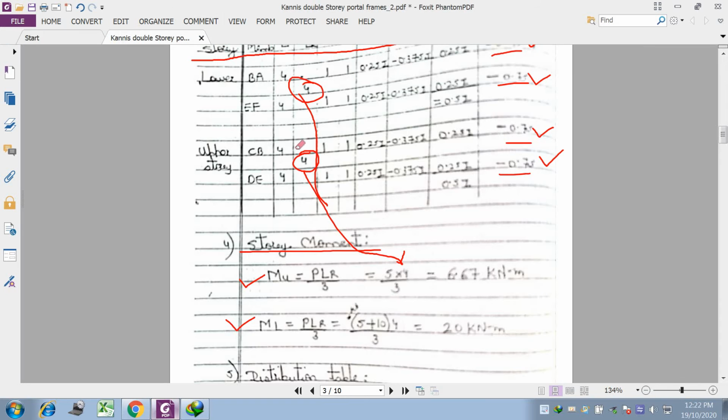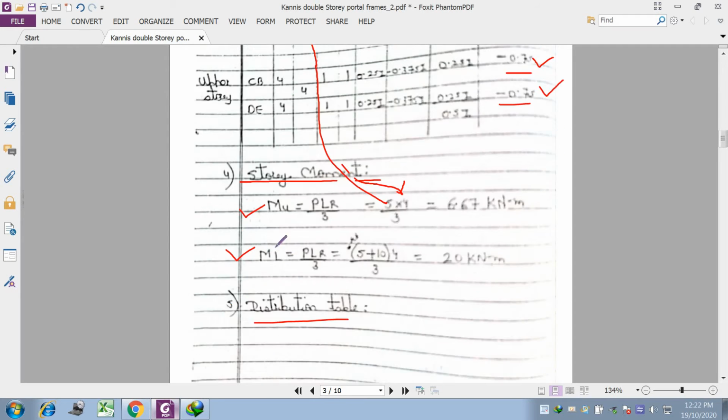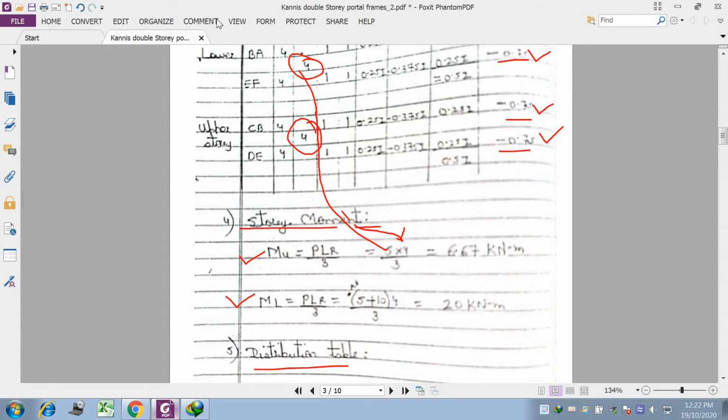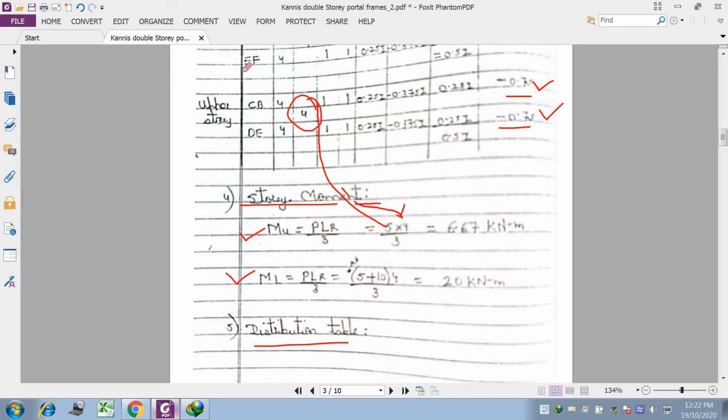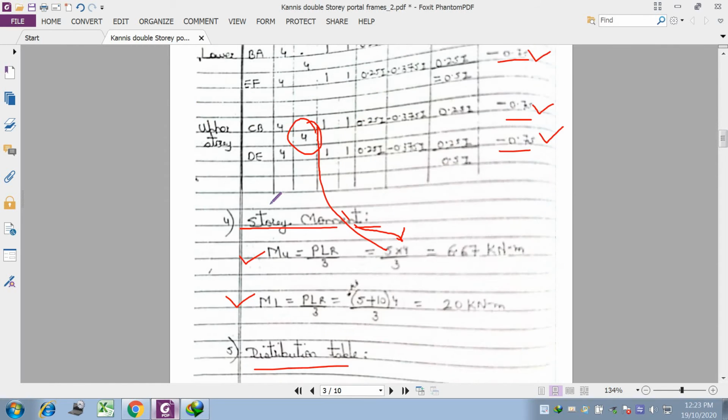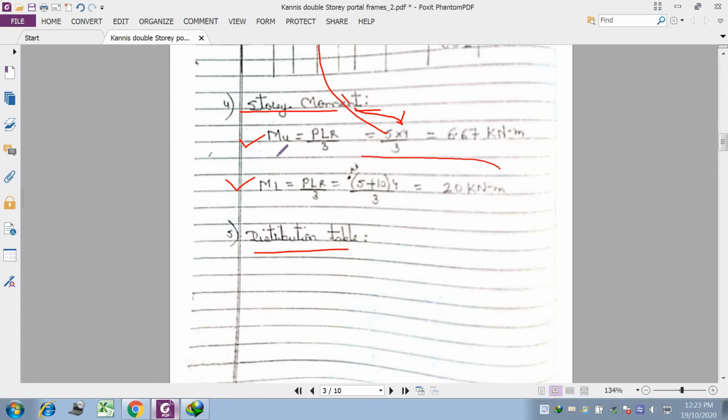Now for the lower part, PLR by 3, with 5 plus 10.